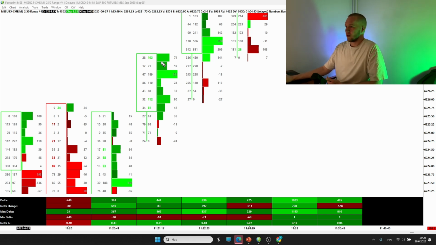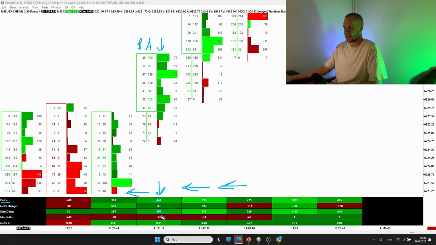So just to sum it up, we have the bid and the ask, then we have the delta numbers on the bottom here. We have the total delta of the whole footprint, we have the delta change between the previous footprints.